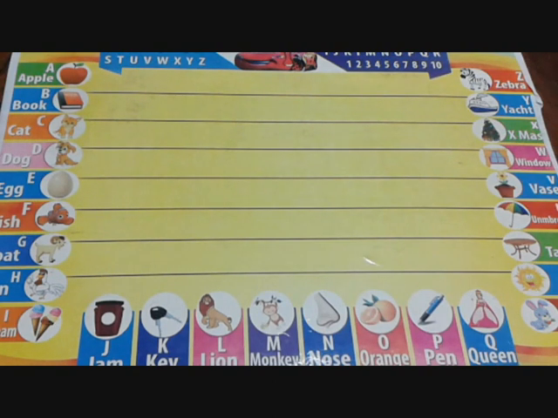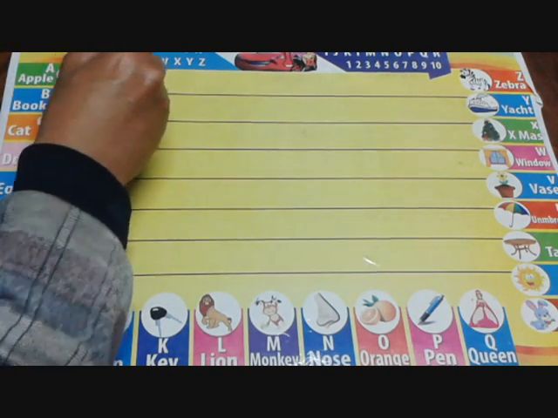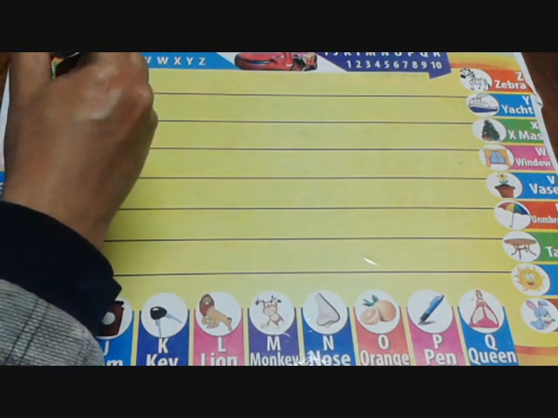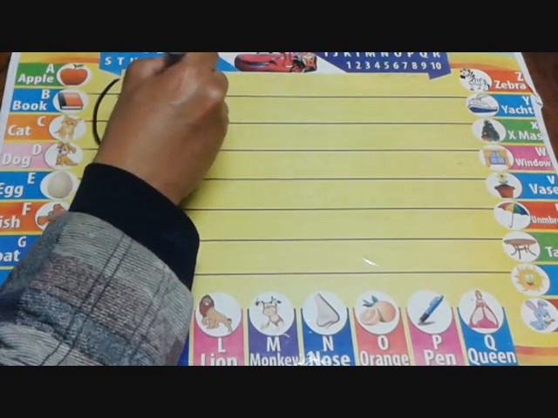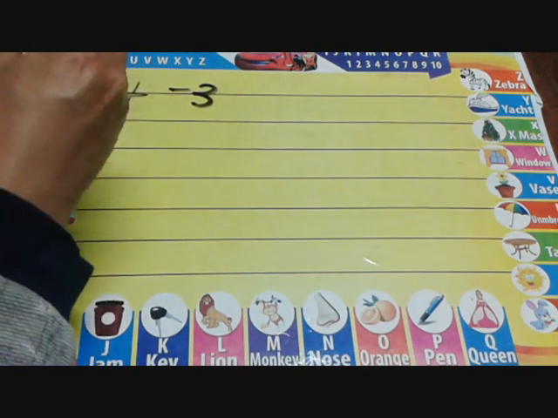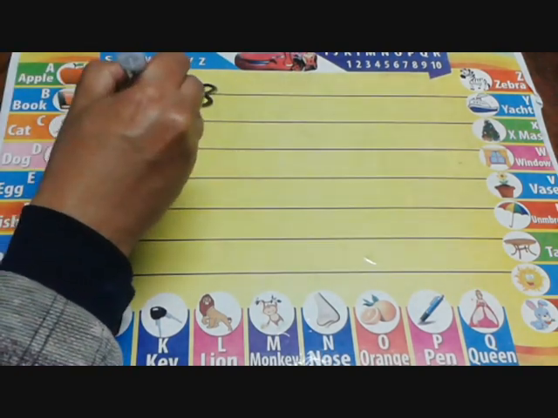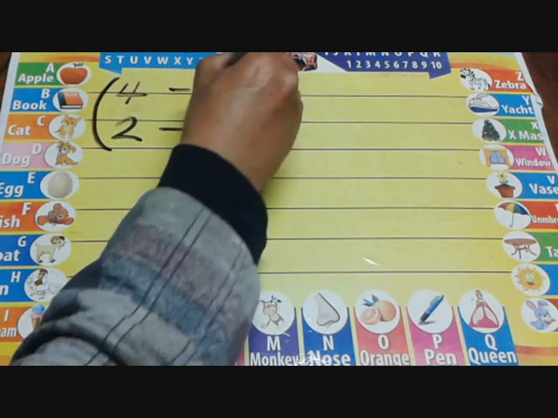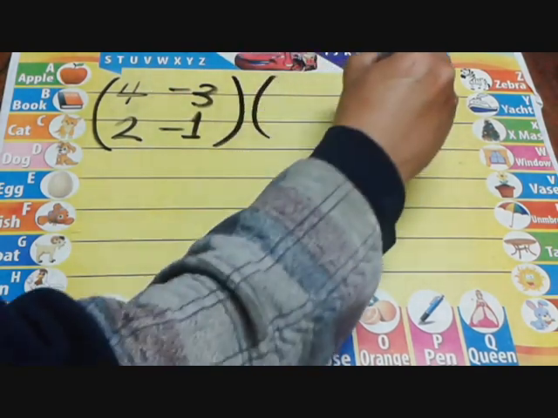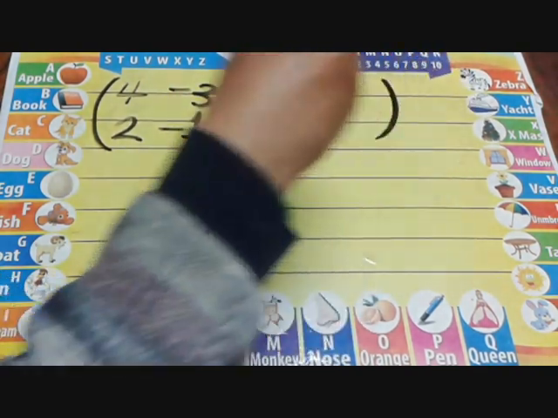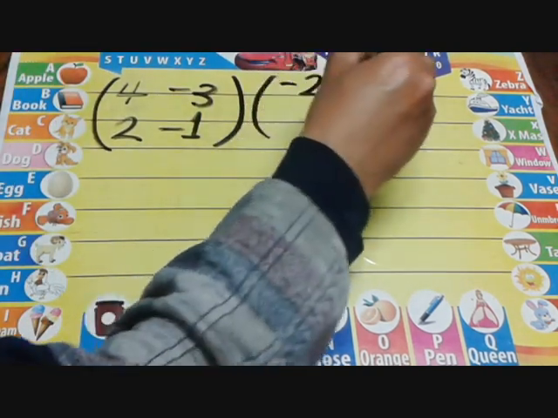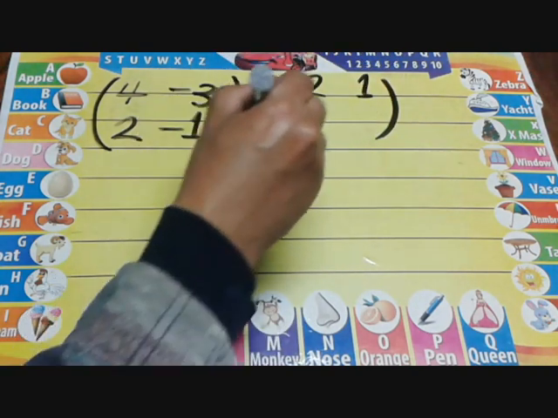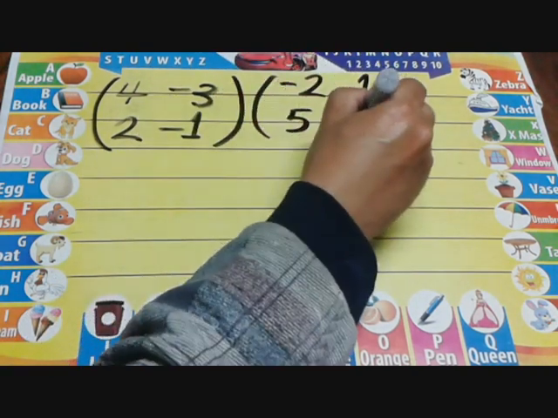Now we want to multiply two matrices. This matrix consists of 4, -3, 2, -1, times another matrix -2, 1, 5, 6.